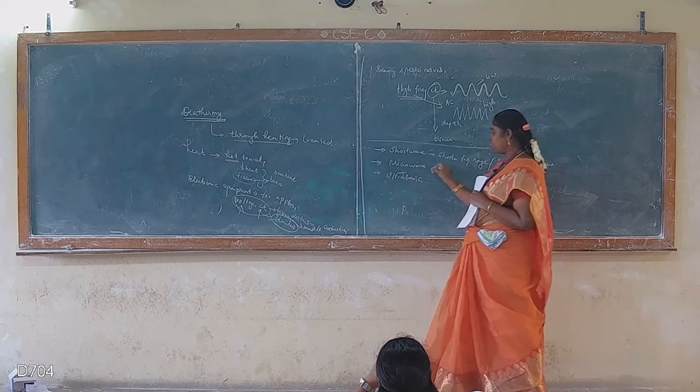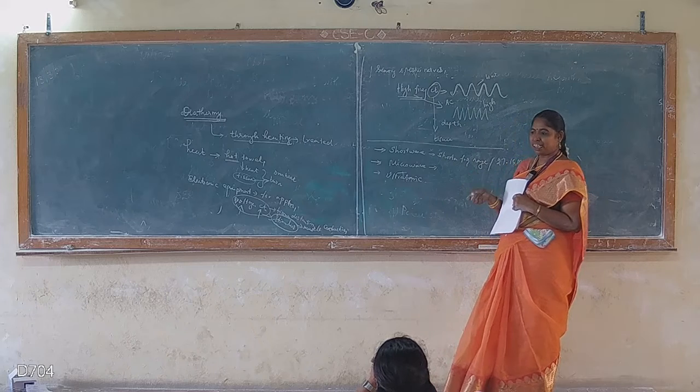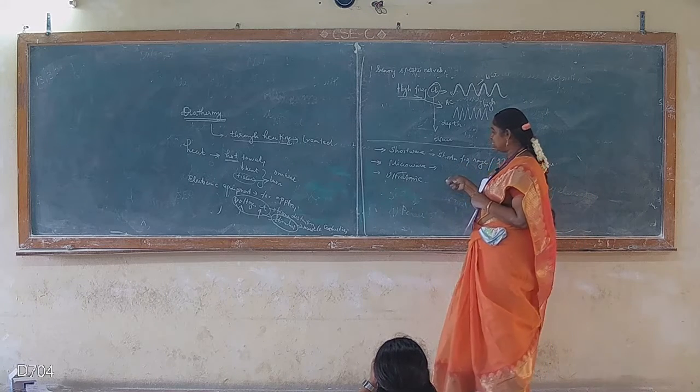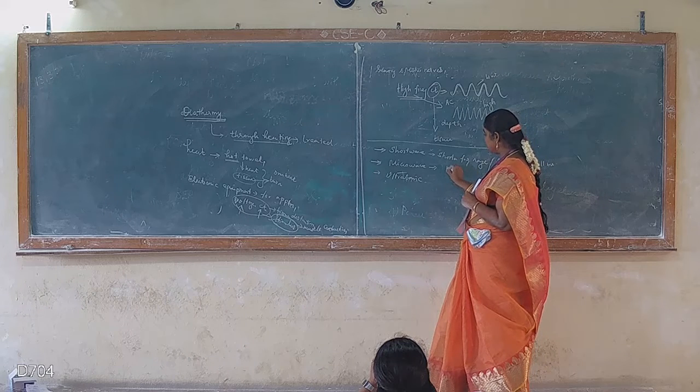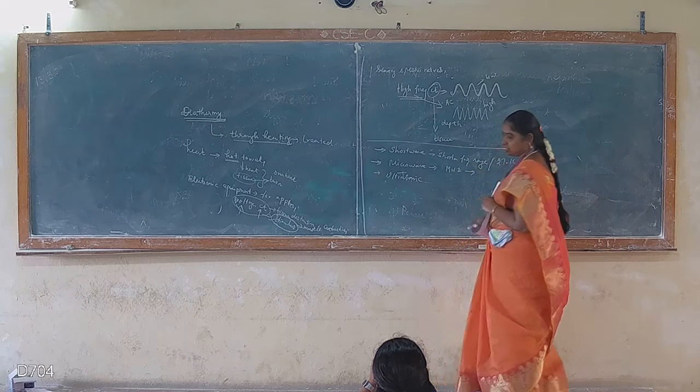The next is the microwave diathermy, which means the high frequency current we are giving in the microwave frequency ranges. Since it is a microwave frequency range, it is also megahertz, but compared to shortwave, it is slightly higher.